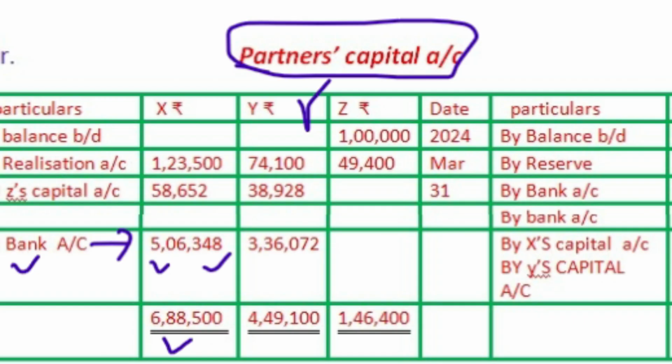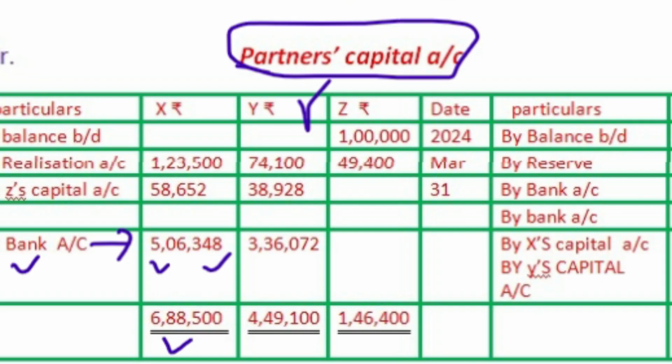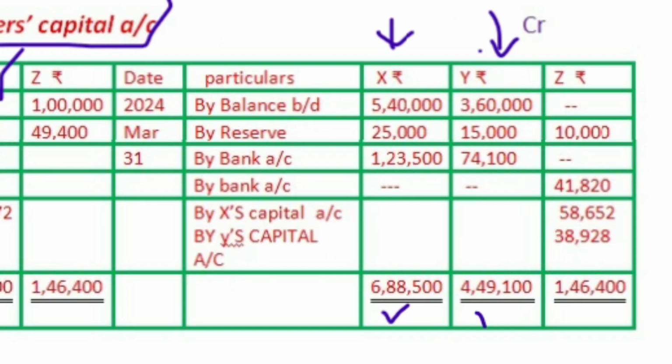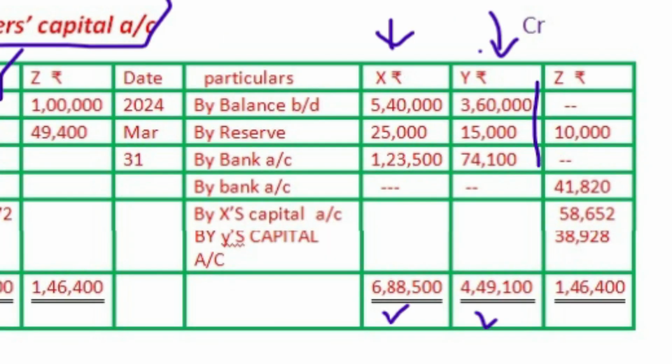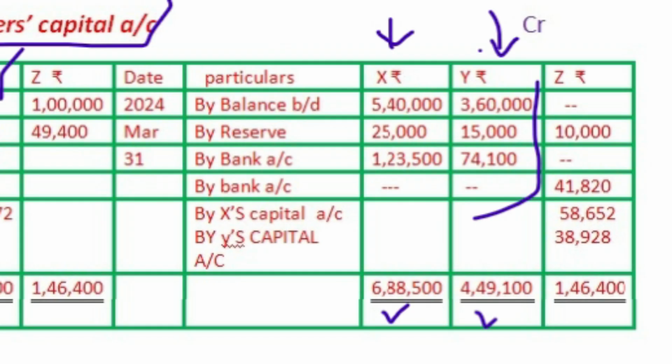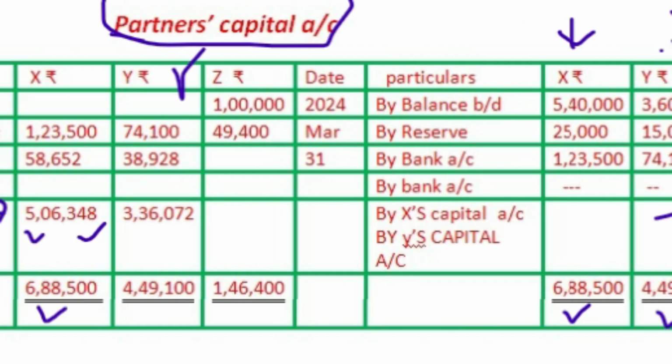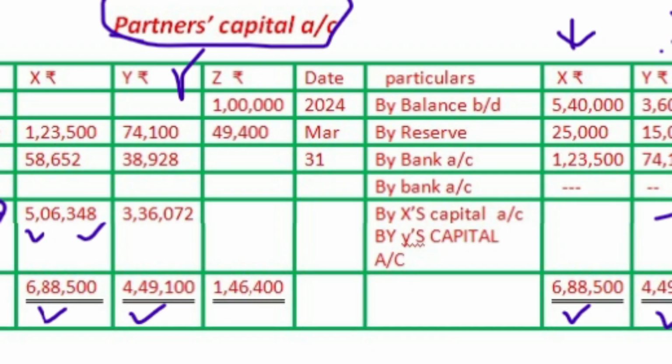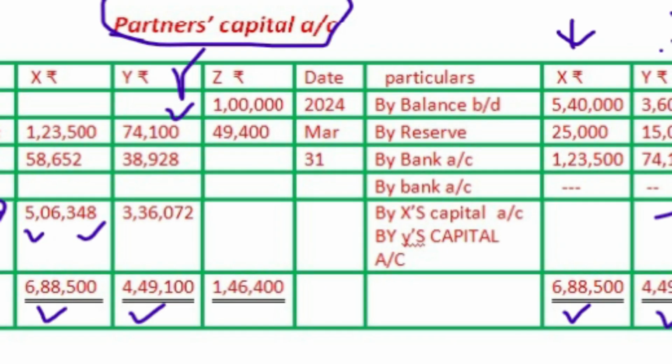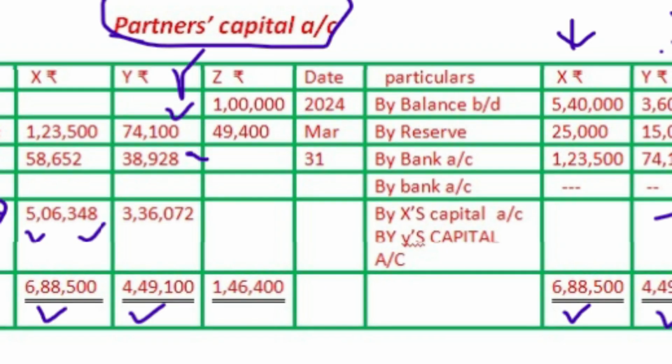Then similarly balance Y's capital account: 4,49,100, credit side is more than debit side, this 4,49,100 minus 74,100 minus 38,928, the balance is 3,36,072.